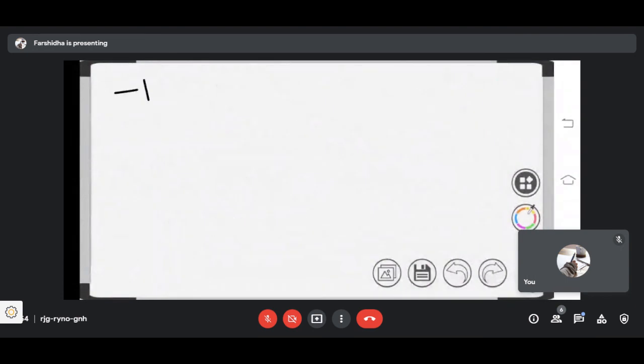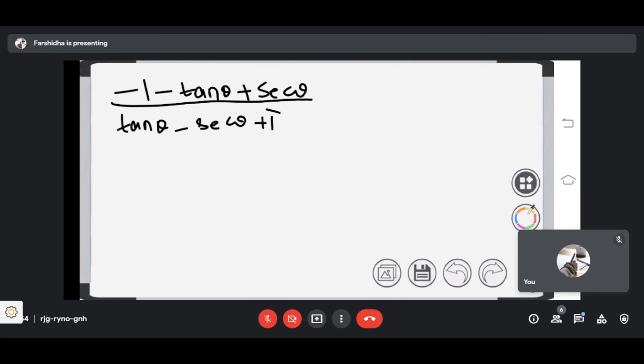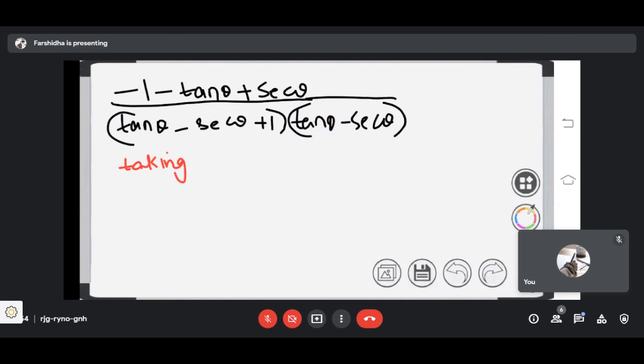You got like this: minus 1 minus tan theta plus sec theta divided by tan theta minus sec theta plus 1 into tan theta minus sec theta, right? So now I'm taking the negative outside from the numerator. So write down, taking negative out from the numerator.